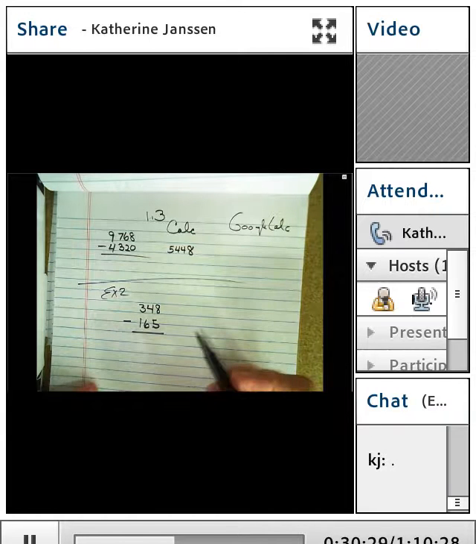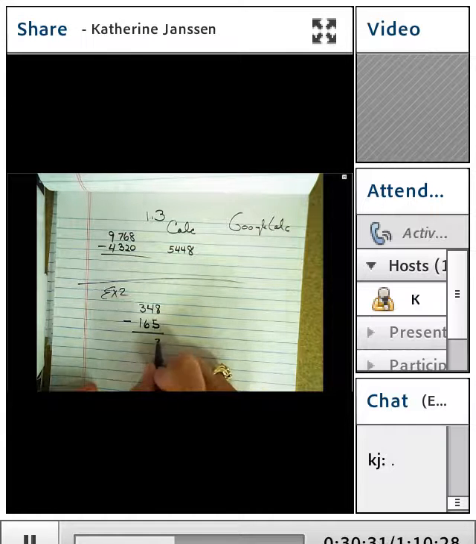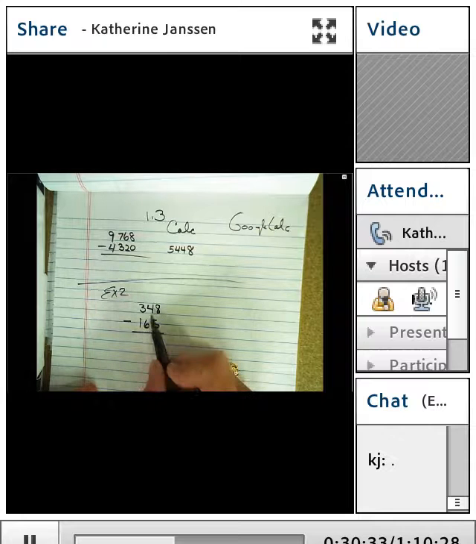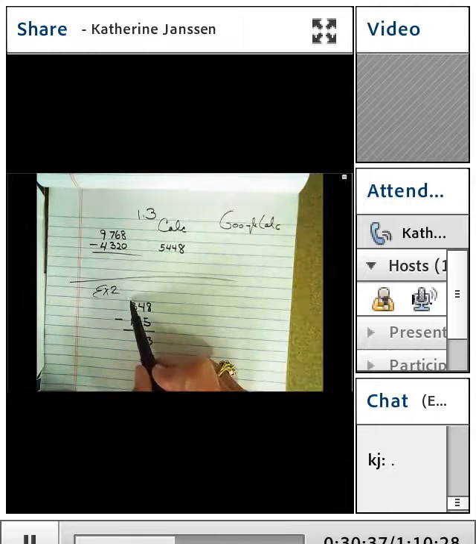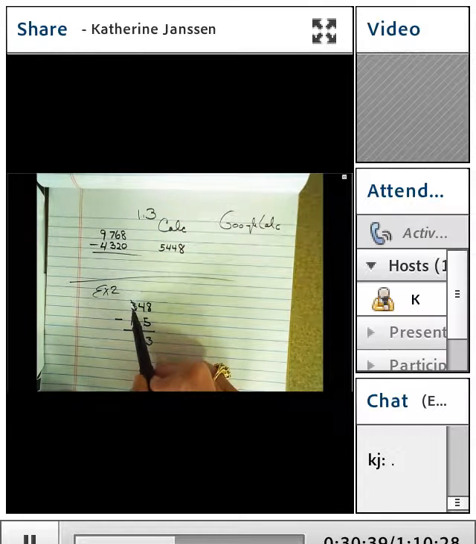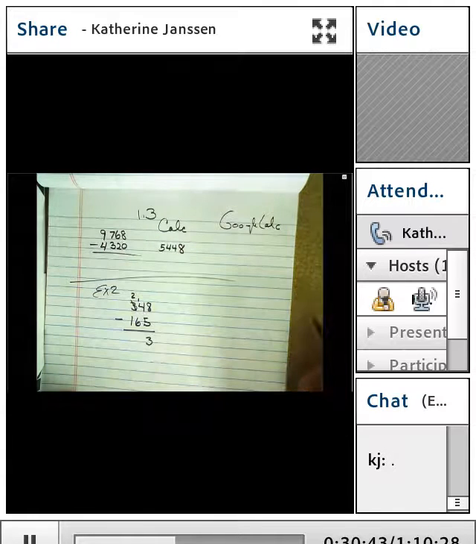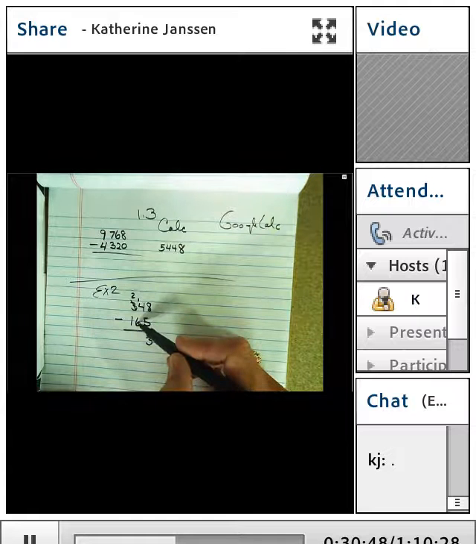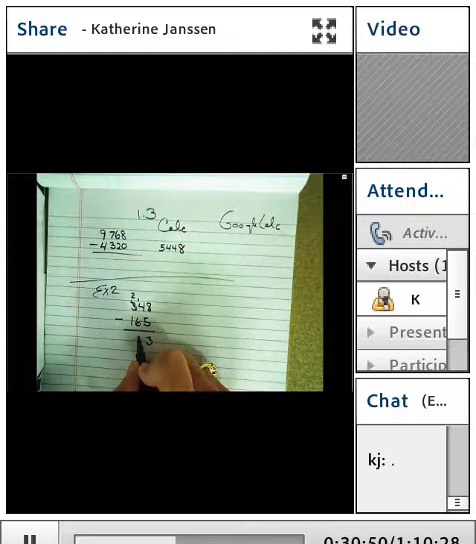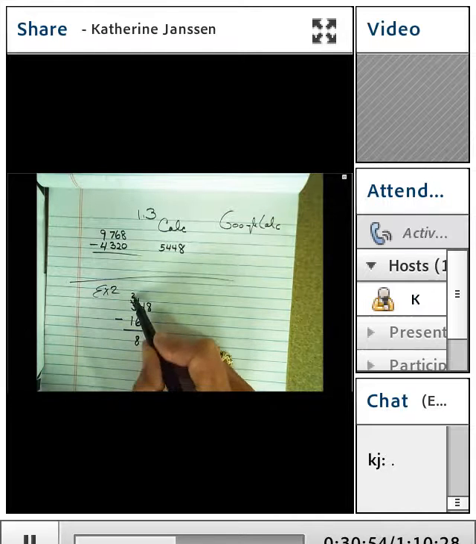I'm going to subtract 5 from 8 and get 3. But 6 I cannot subtract from 4, so I'm going to have to borrow from the next placeholder. I'm going to borrow, reduce this placeholder by 1 to 2, and increase this by 10. So now I have 14, subtract 6 is 8, and 1 from 2 is 1.